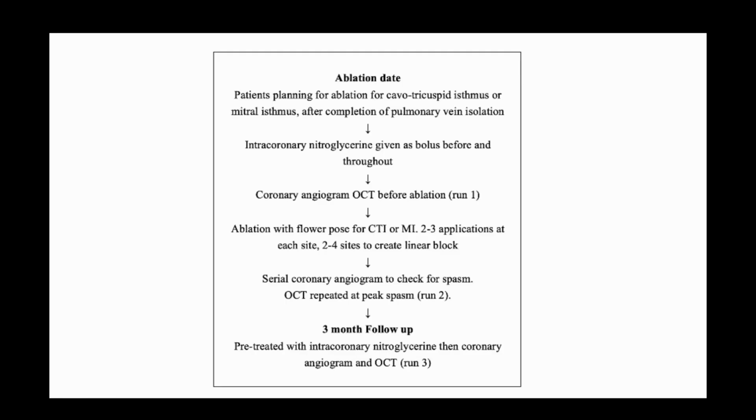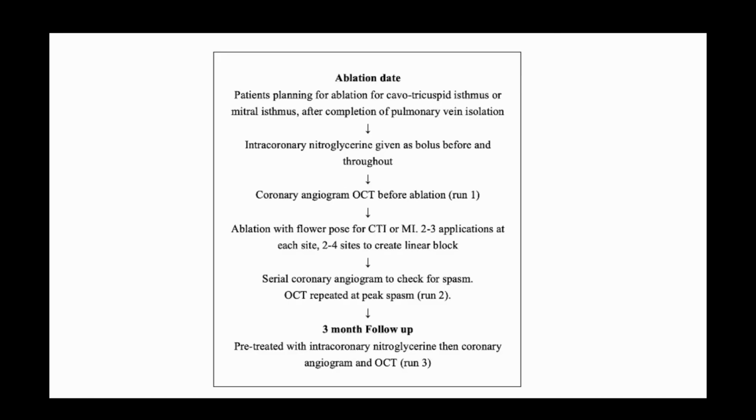And then we proceeded with the ablation in flower pose for both the CTI and mitral isthmus, with 2 to 3 applications at each site and 2 to 4 sites to create linear block across the CTI or mitral isthmus. And along the ablation, we shoot a serial coronary angiogram and check for spasm.